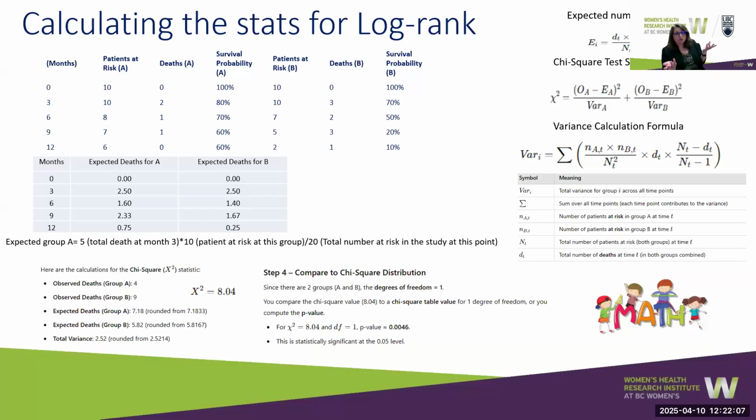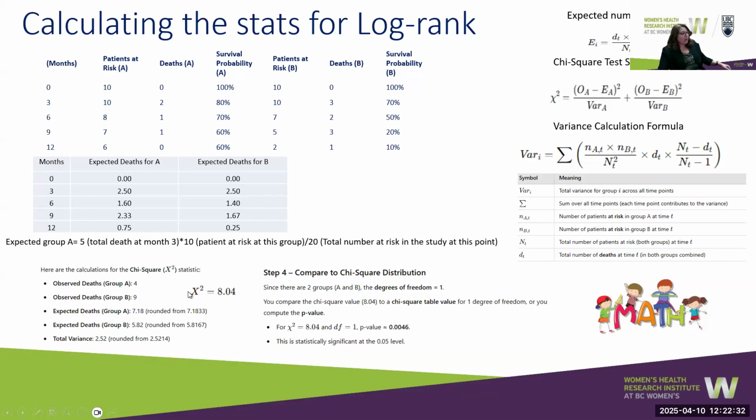And this is the formula of chi-square. Basically, it's observed minus expected in group A divided by group A variance, and in group B by group B variance. And there is a formula for how to calculate variance. After all those calculations, I calculated that chi-square is 8.04.